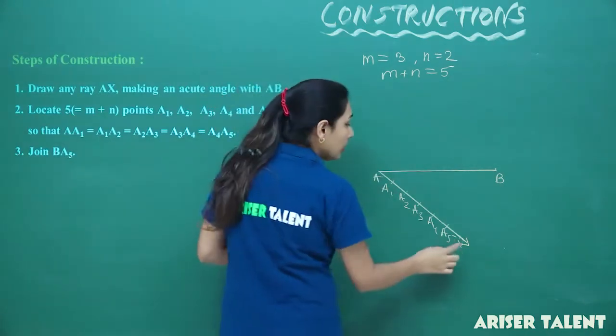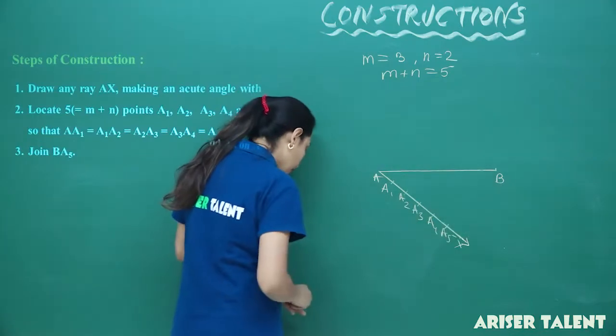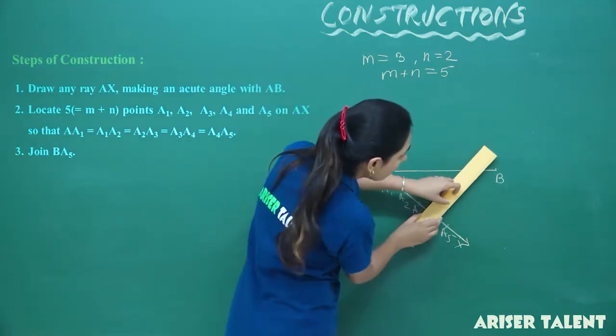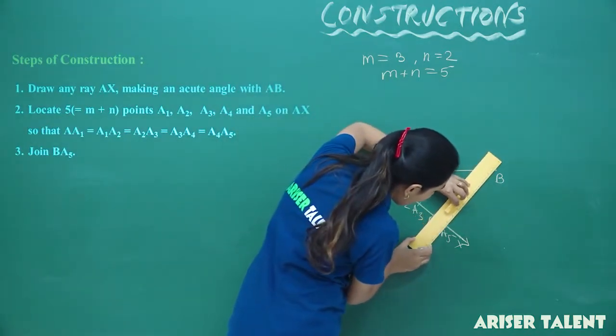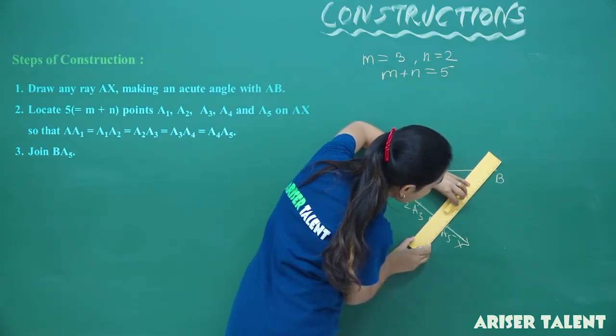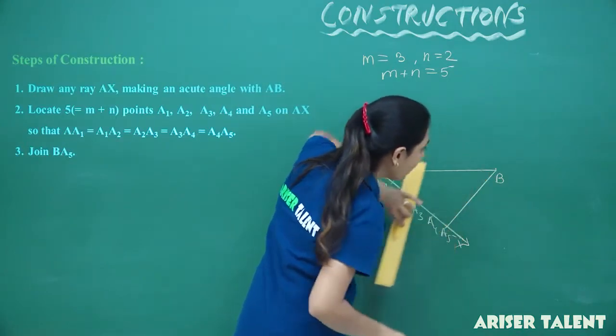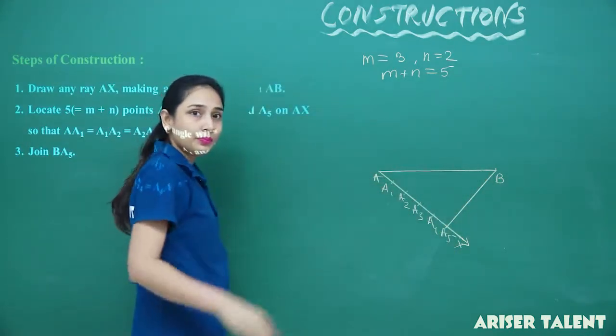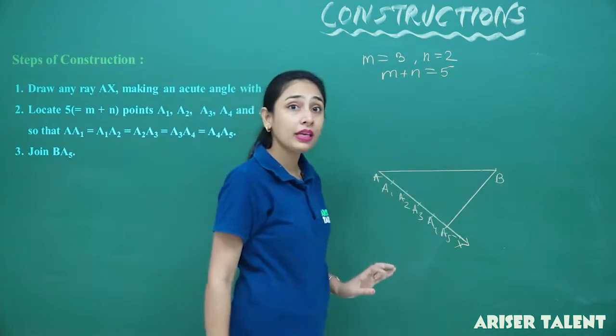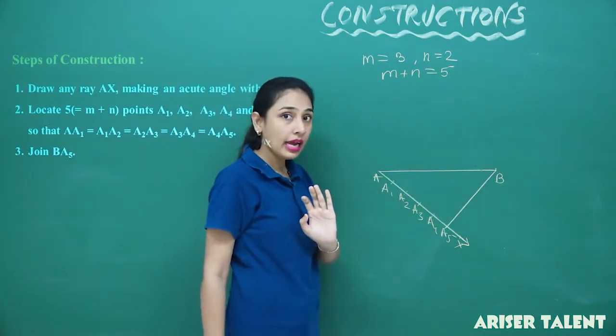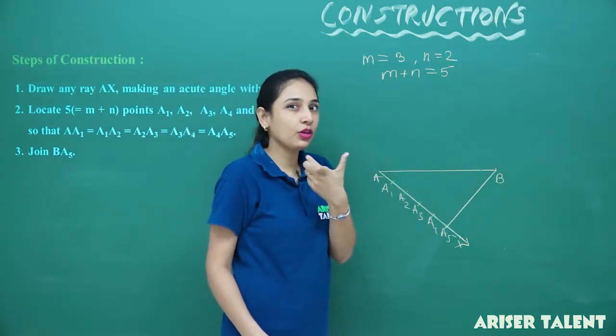I have told you A5 to B, we have to join them. Have a scale there, put it on the points A5 and B, and join this line. So what will we get? You'll get a line A5B, and it is something of use to us.